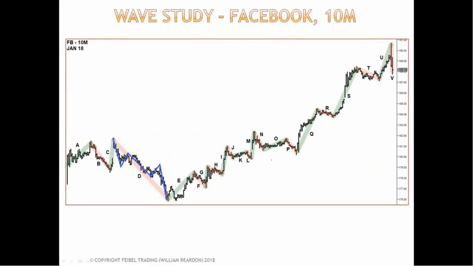However, if we draw the wave like this, we don't get the opportunity. So it all depends on how close you want to be to the market. You may only want bread and butter trades like Q and R. These are different types of setups using the wave format.